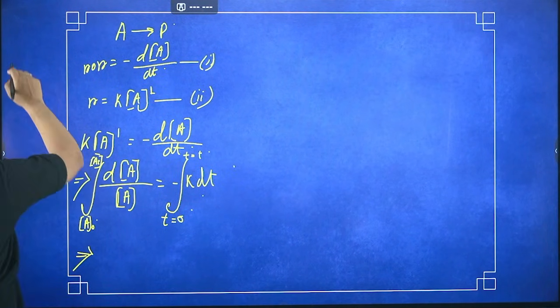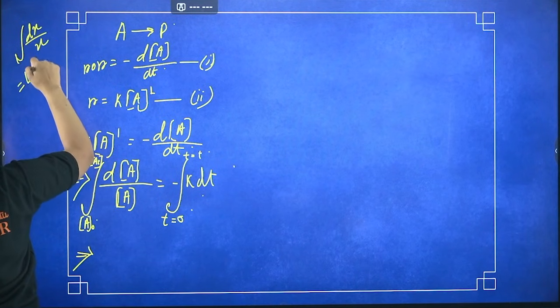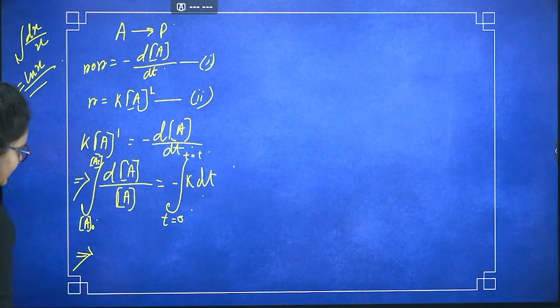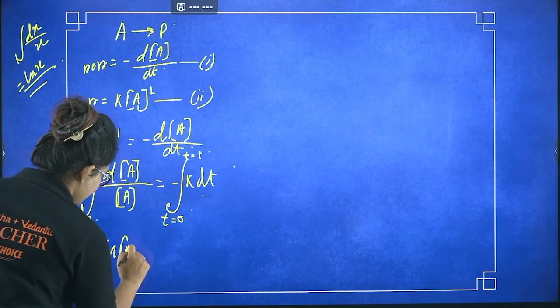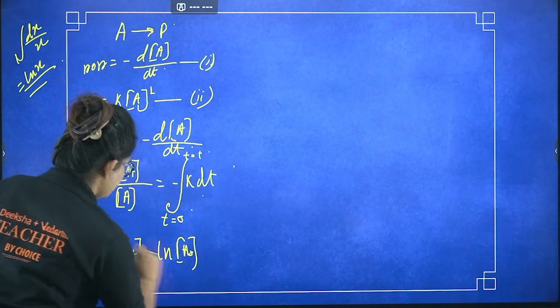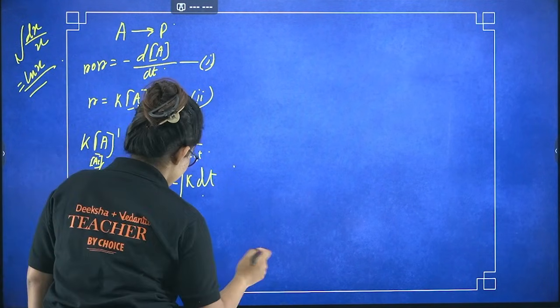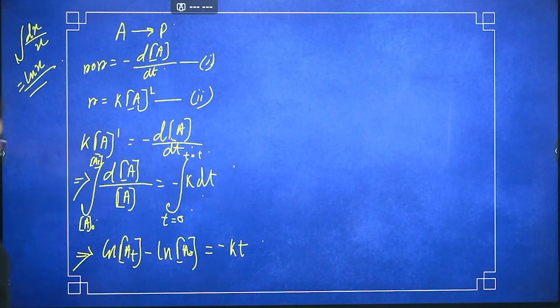Now see, integration of dx by x is basically ln of x. So, putting in the limits as well, ln of At minus ln of A0, and here I definitely get minus Kt. That's it.